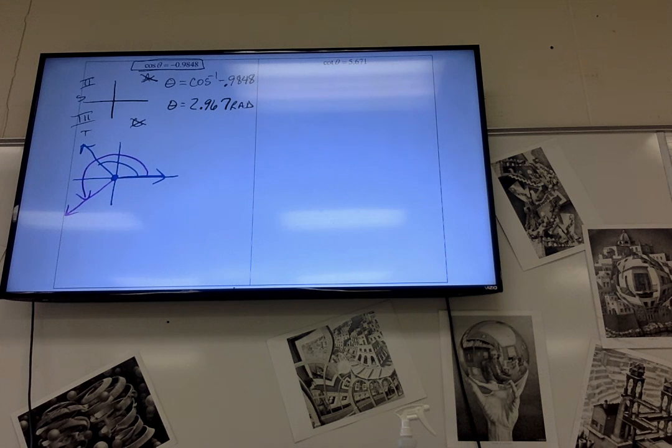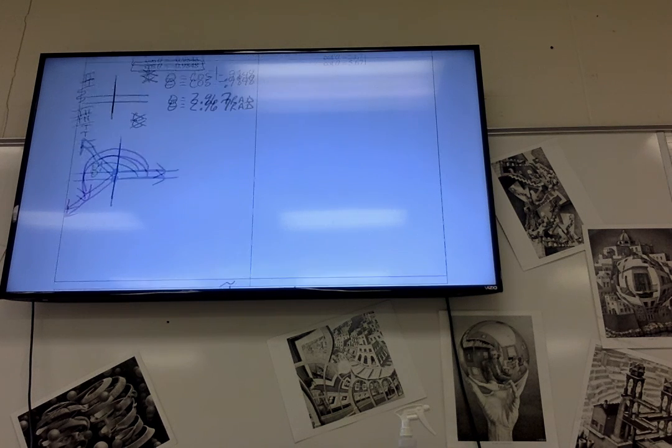So to find the reference angle, what do we do to find that green angle? Is it just 180 minus 2.967? Yes, except instead of 180, now we're using what? Pi. Yeah, same thing. It's just in radians now.